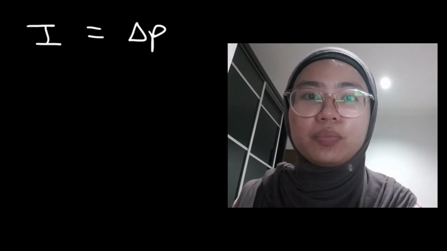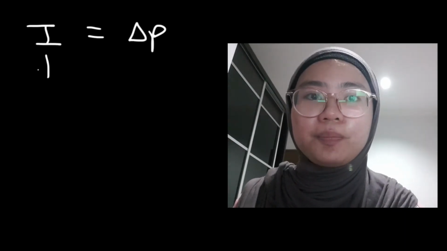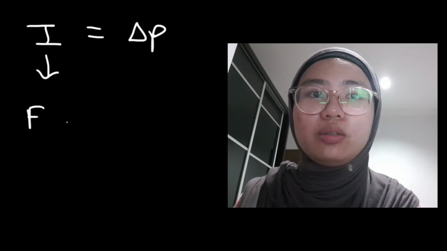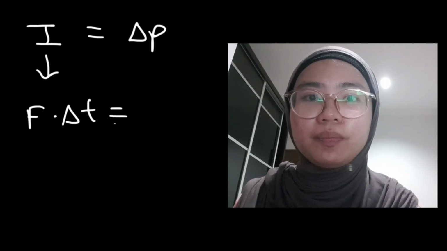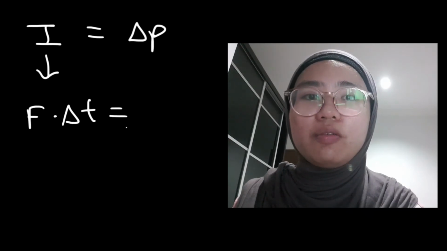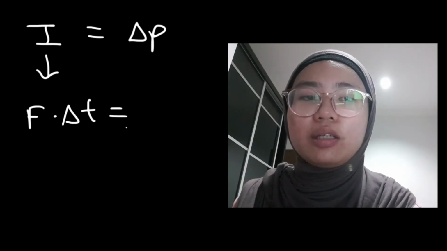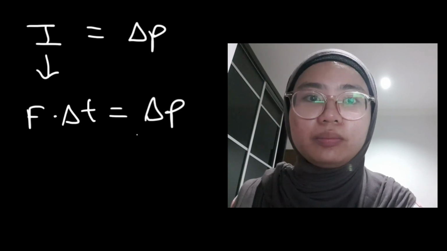Regarding Newton's second law in terms of momentum, we said that impulse is equal to change in momentum, and impulse is equal to the force multiplied by the change in time interval. Now, if we divide both sides by delta t, we get the true definition of force.